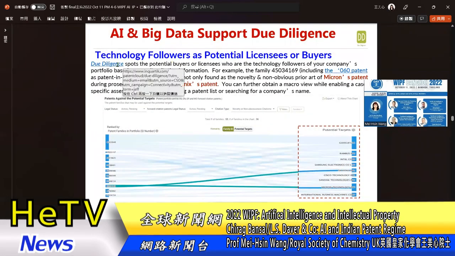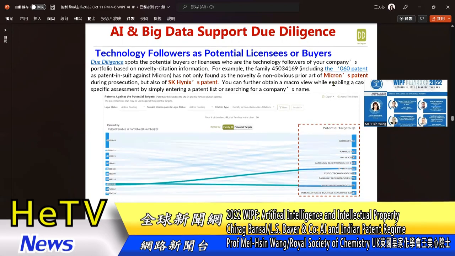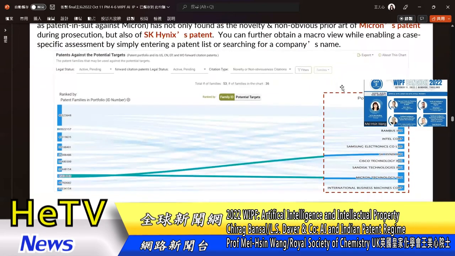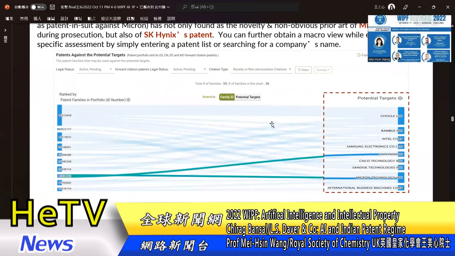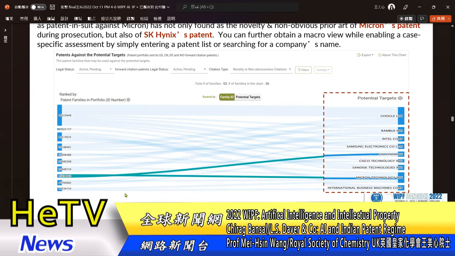And we can also use the due diligence tool offered by PatentCloud to identify technology followers as a potential licensee or buyer. So you can easily find out who is following your patents, so that you can handle the licensing later.